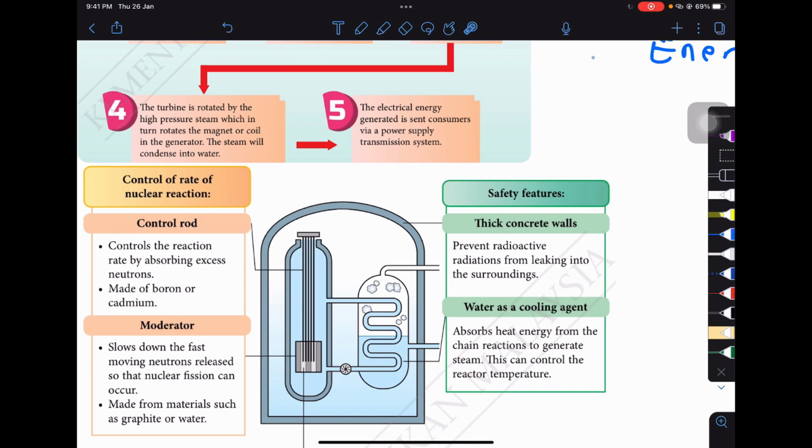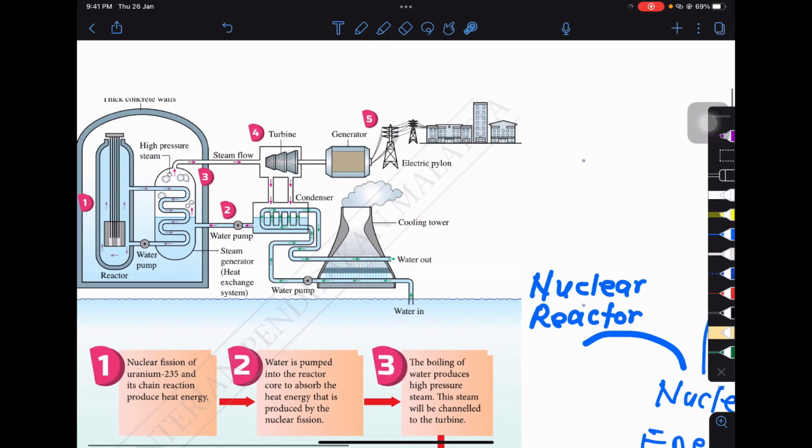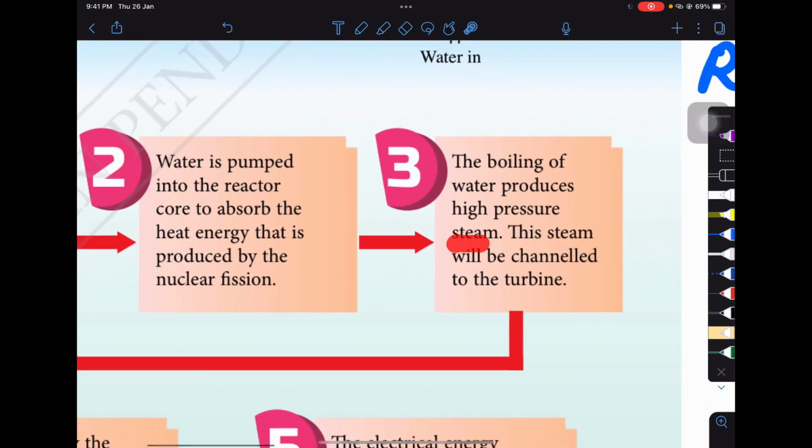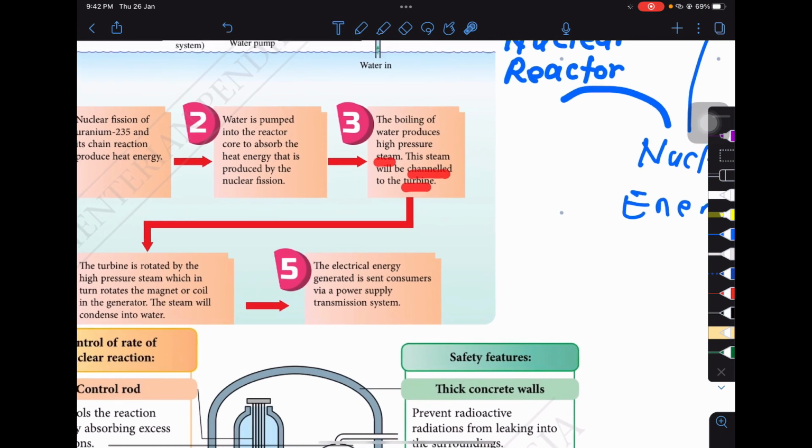This process generates steam. This steam is channelled to the turbine. Then what happened?